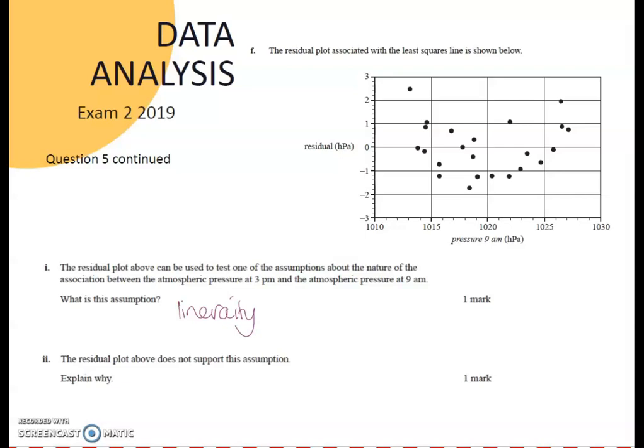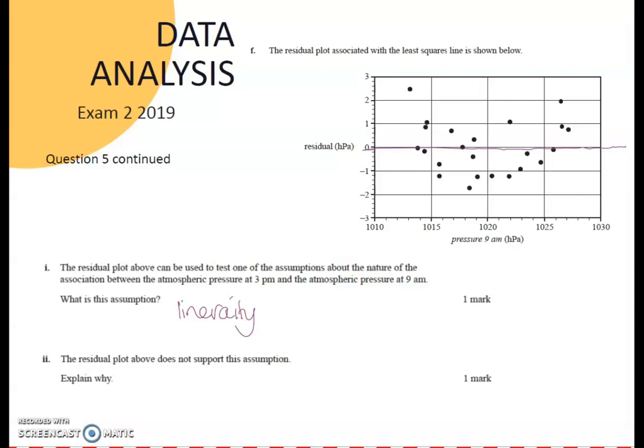The second part, the residual plot does not support the assumption. Explain why. So they're telling you that this residual plot does not show your data is linear. When you're checking a residual plot, remember you're looking for, here is our 0 line, so that's our x-axis. What good linear data looks like is a random scattering of points, roughly even above and below the line.